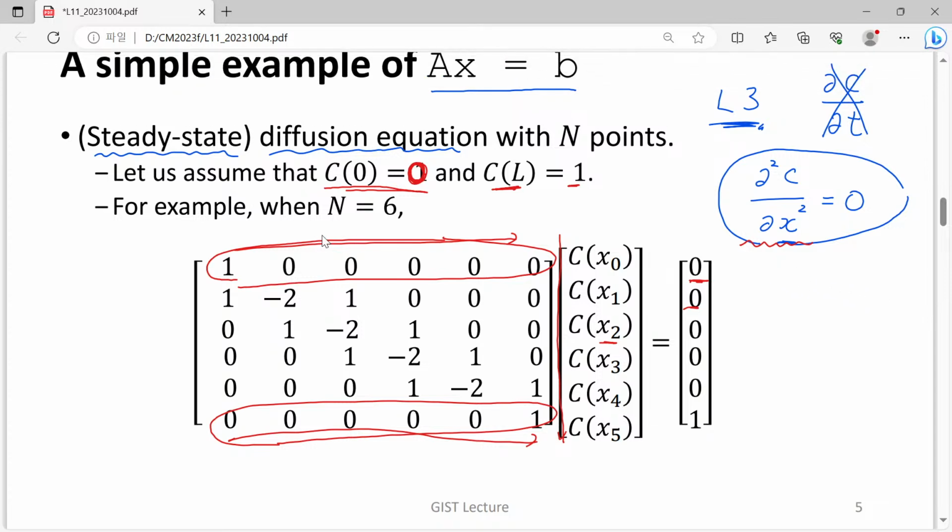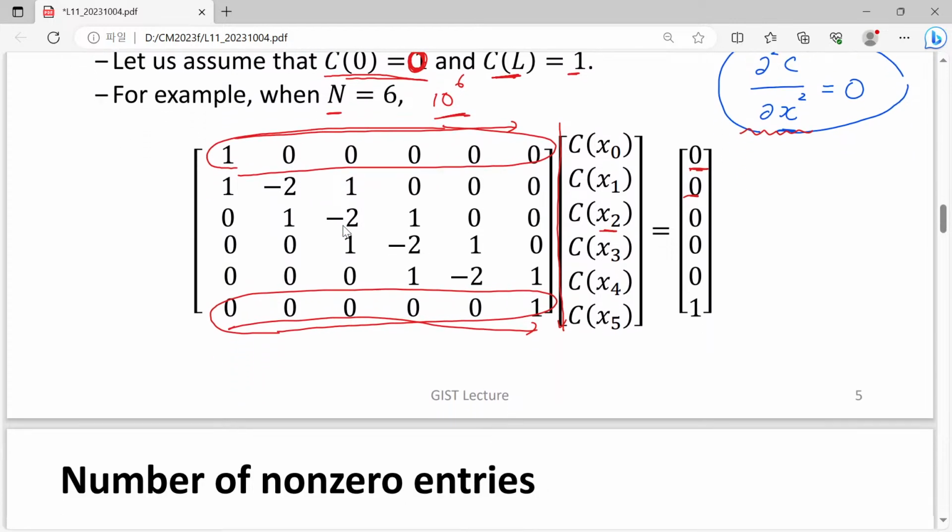Okay, are you with me? With 10 to the 6 as the value of n, you will have a 1 million by 1 million matrix A, and 1 million entries in our vector C. So it is easy to make it large.